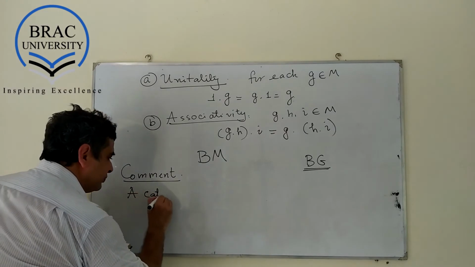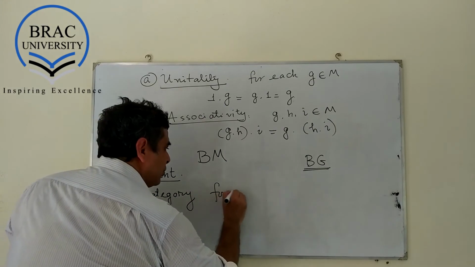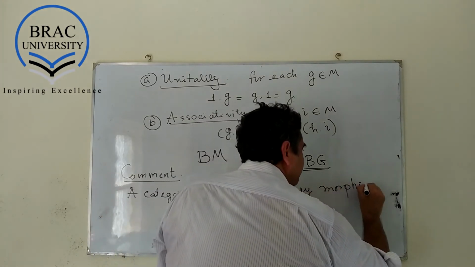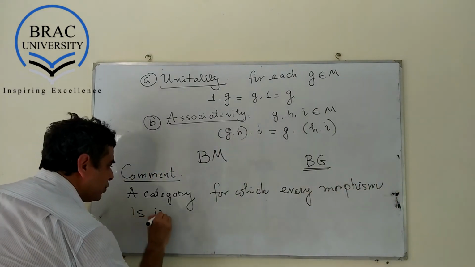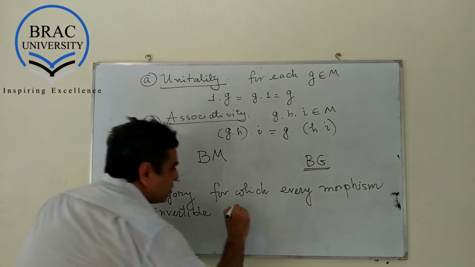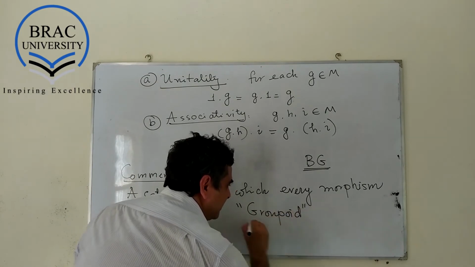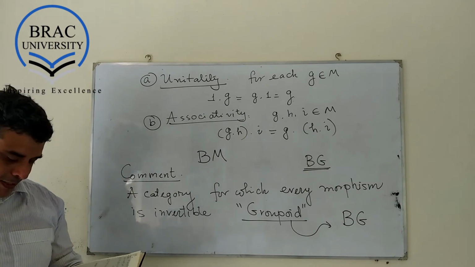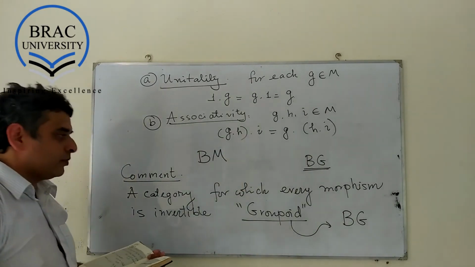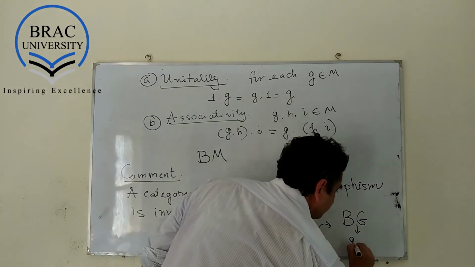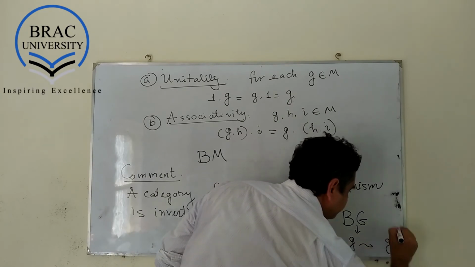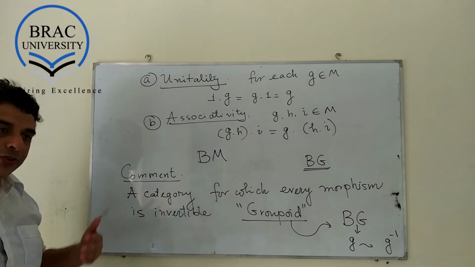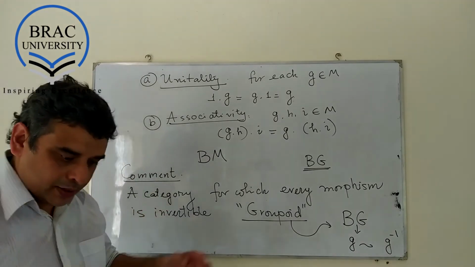A category for which every morphism is invertible has a name called groupoid. So the category BG is an example of a groupoid, where the inverse of the morphism g is given by g inverse. So the delooping of G is indeed a groupoid. We'll study all these terms related to category theory in fair detail in due courses.